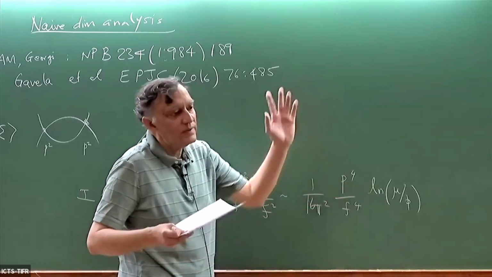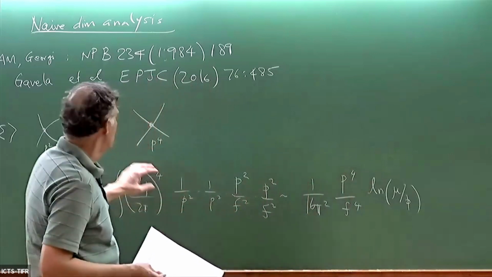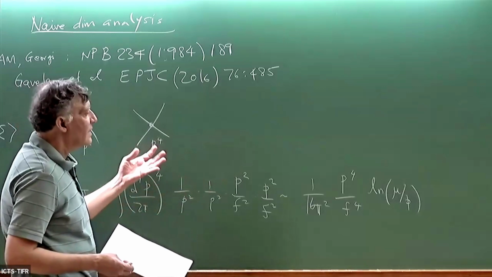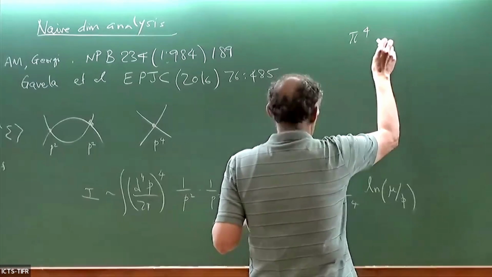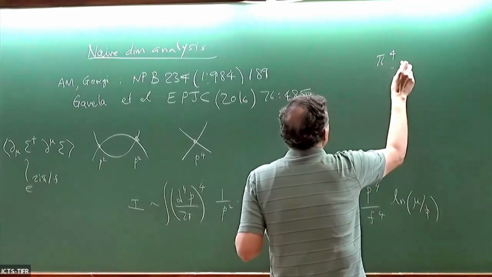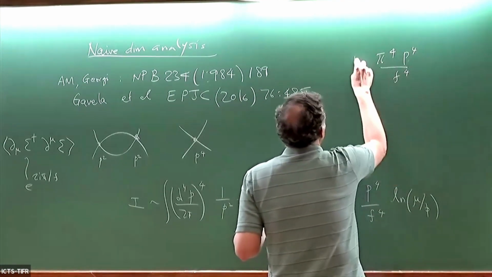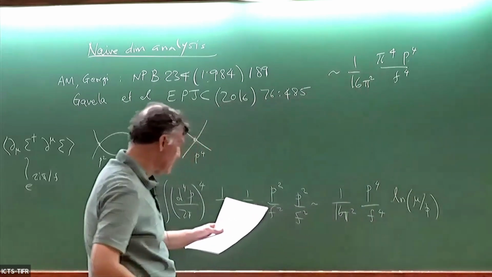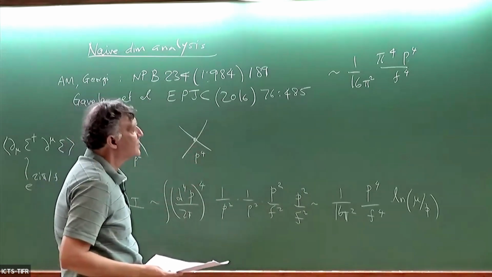Because maybe there was some accident and you happened to pick a mu where this coefficient was 0, but if you just change mu by a little bit, generically you're going to get an interaction which is of order p to the fourth over f to the fourth, 1 over 16 pi squared. So that would be the size typically that you would induce for this interaction.